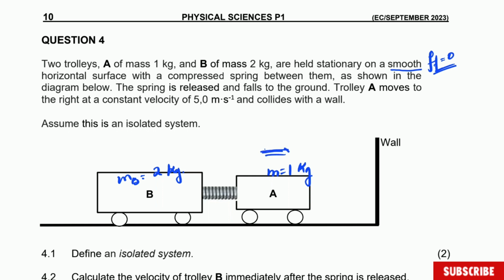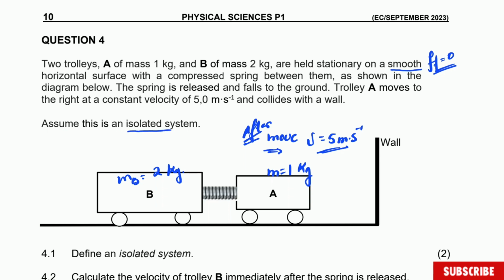Let's write that information here. After they release, it moves with a velocity equal to 5 meters per second. Okay, that is important. Assume that the system is isolated.